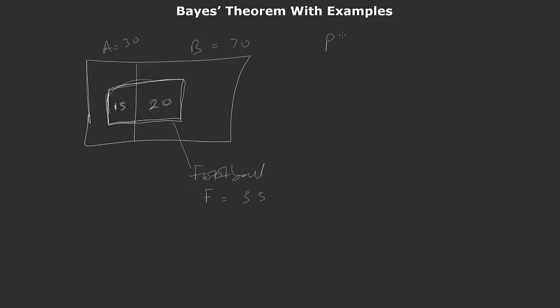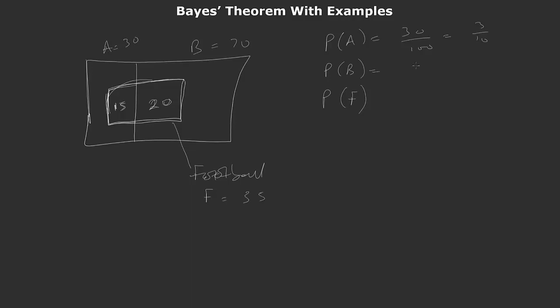So here's a question. What's the marginal probability of A? What's the marginal probability of B? What's the marginal probability of F? To calculate this is straightforward. To calculate the marginal probability of A, just take 30 divided by the total number of students, the population size, which happens to be 100, and that's 3 over 10.